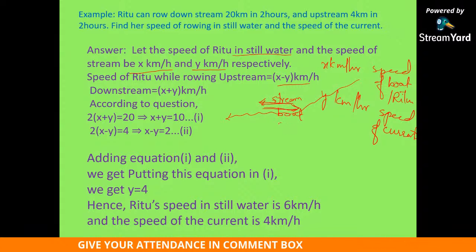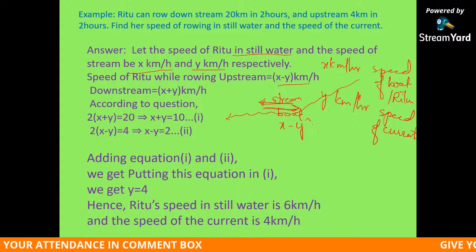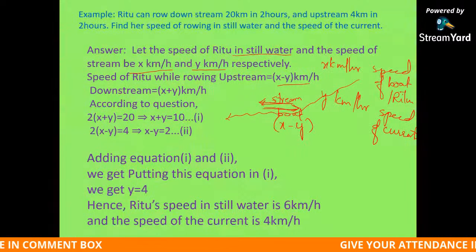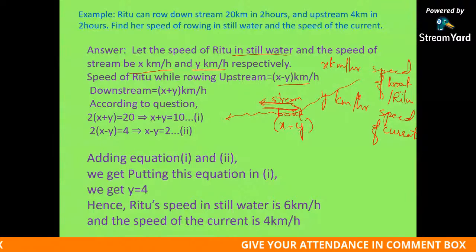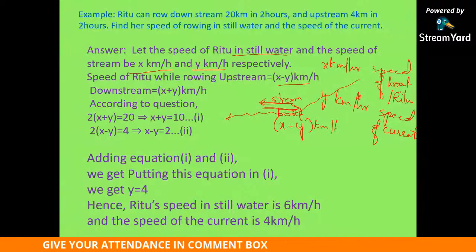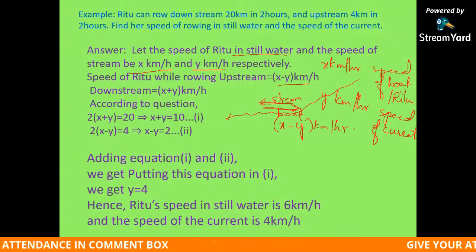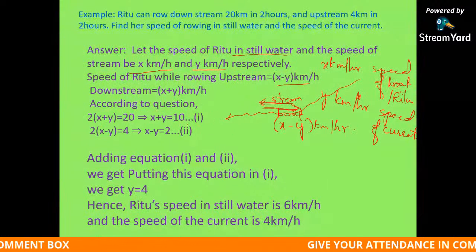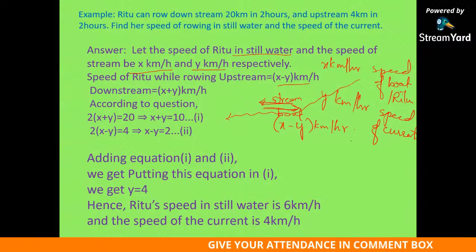At that time, the speed will reduce in this order: x minus y, that is speed of the boat or Ritu minus speed of the stream, kilometers per hour, right? And if you go downstream, why is it going to add up?